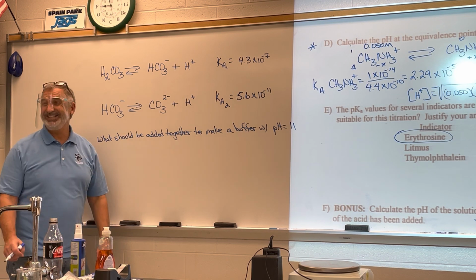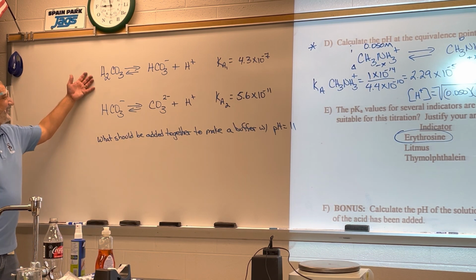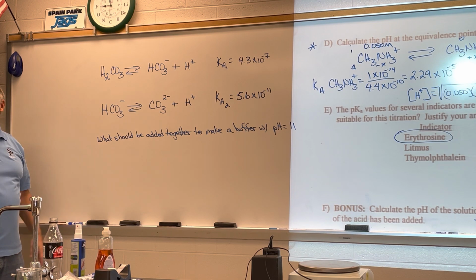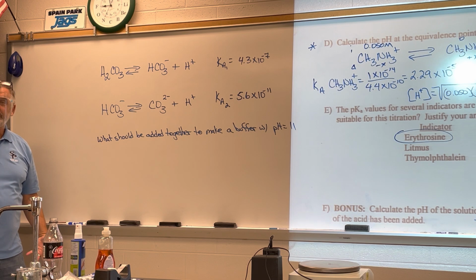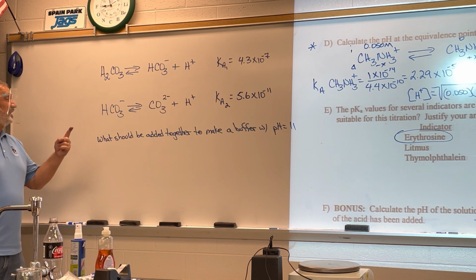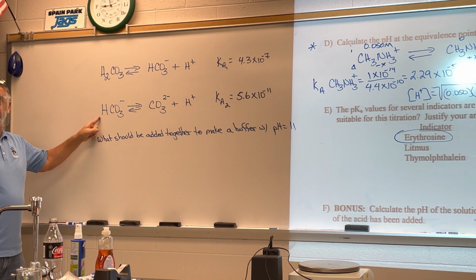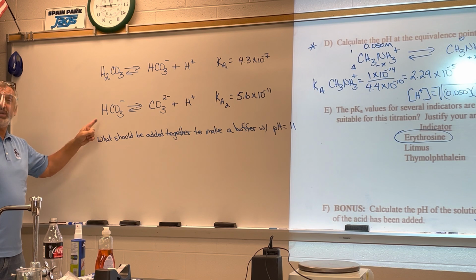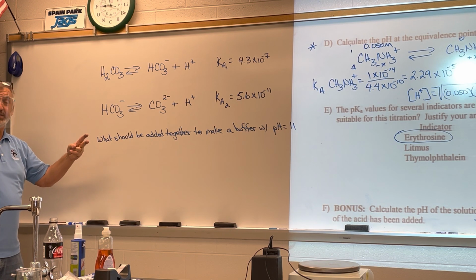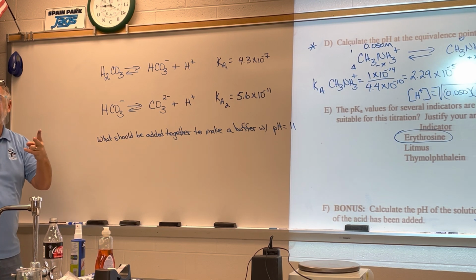Well, that's what I'm asking y'all. Given this, what do I mix together? What's a buffer? Salt plus acid. But these are acids, right? So it's a weak acid and the salt of the weak acid. And which equilibrium should we use?